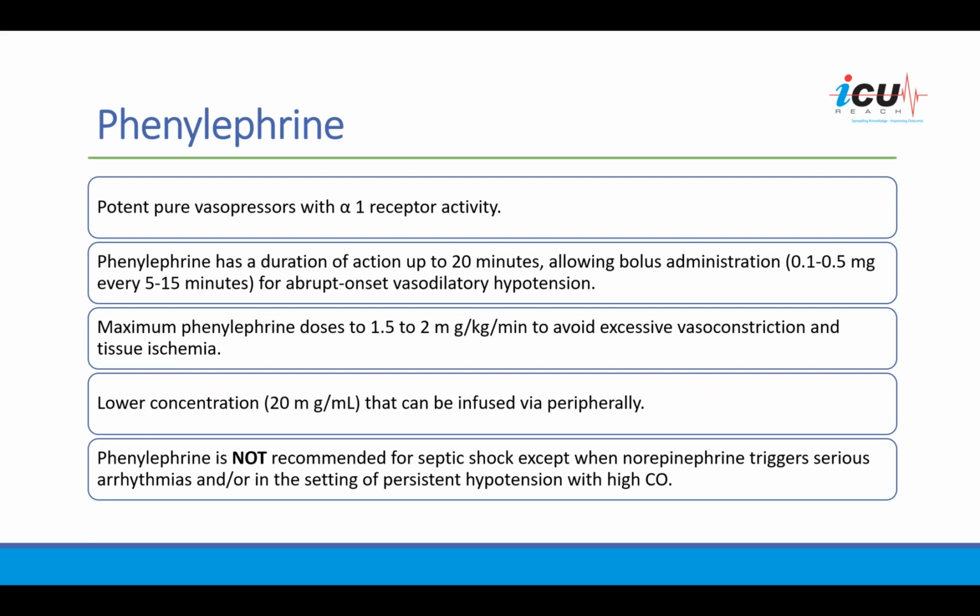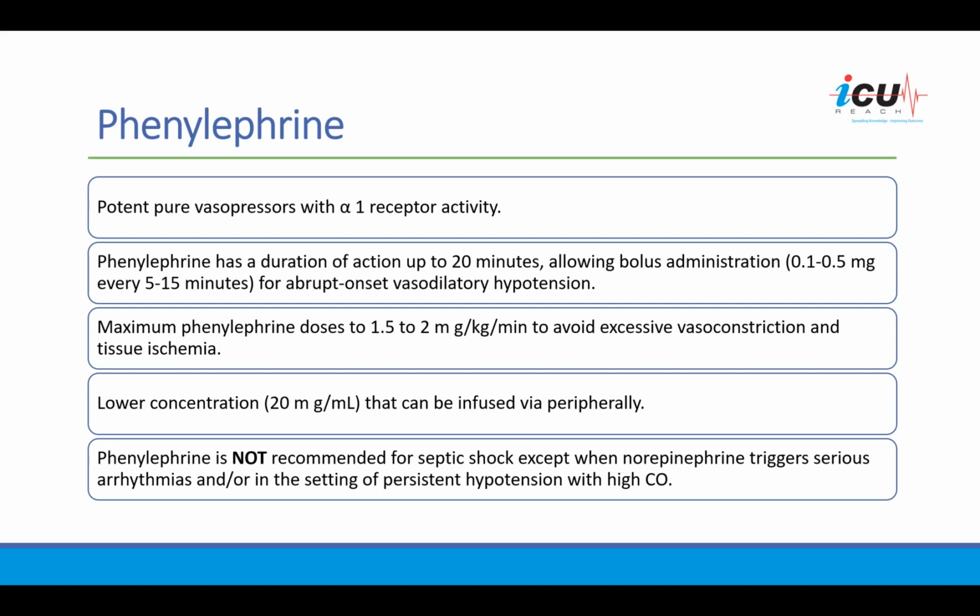You can give one dose of phenylephrine, 100 mics, and you can boost the blood pressure. The maximum phenylephrine dose is 2 mics per kg per minute. This is to avoid excessive vasoconstriction, but in real life you can go actually up to 8 mics if you added this agent in a refractory shock.